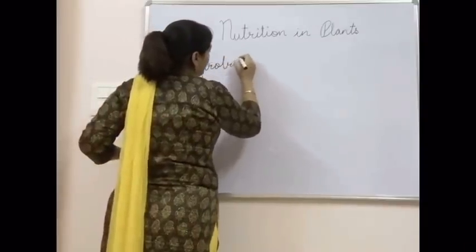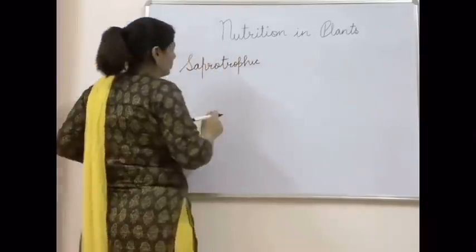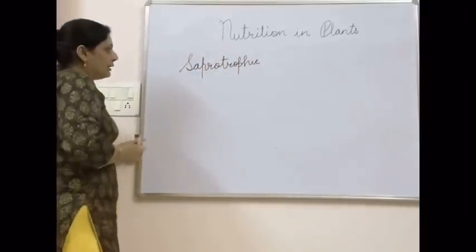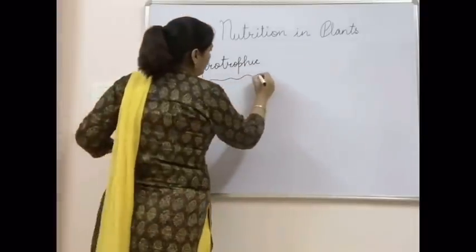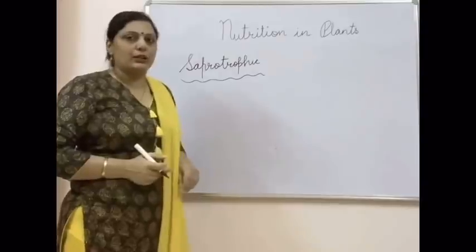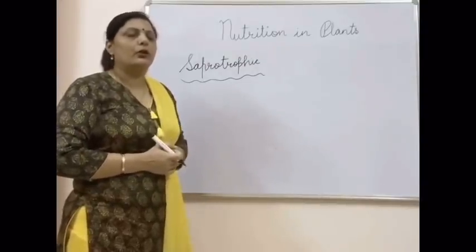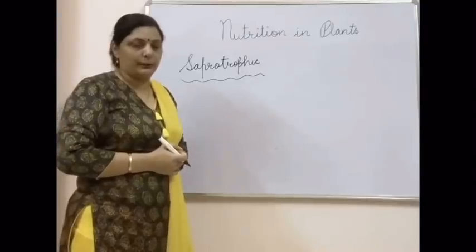mode of nutrition. This is also a kind of heterotrophic mode of nutrition. For this, first I just want to ask you: all of you might have seen packets of mushroom. Your answer will be yes, everybody has seen them, because mushroom is also cooked as a vegetable.